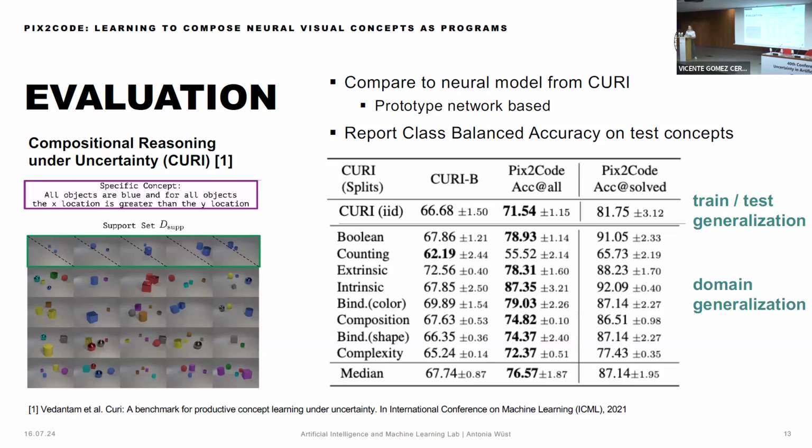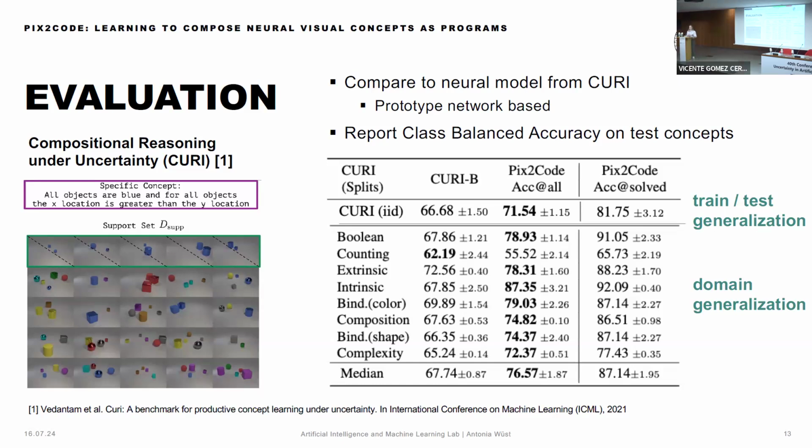And one important thing about program synthesis is that it might happen that you are not able to solve every task because you have an enumerative search with a specified search timeout. So it can happen that you're not able to find a program that can solve your concept, but in most cases it did. And for these cases, we report the accuracy of those programs here, and you can see that this is quite high.